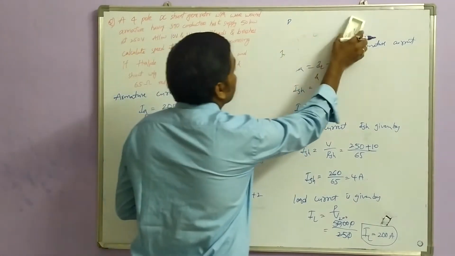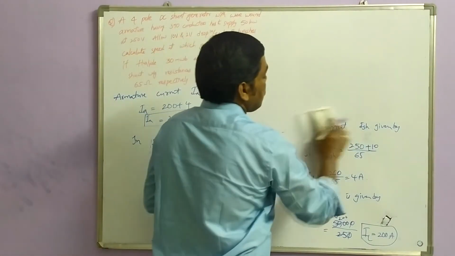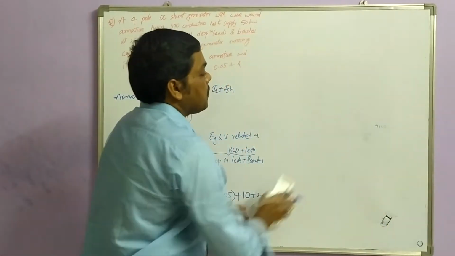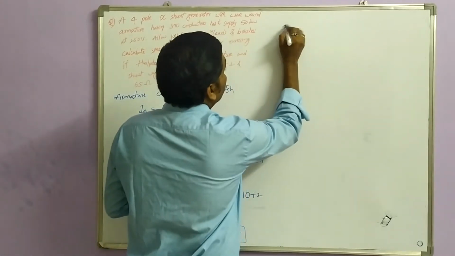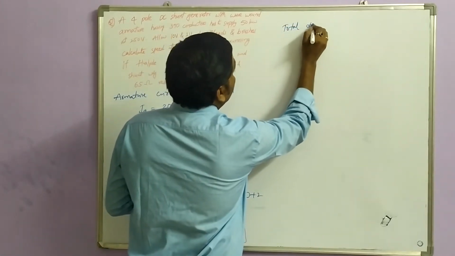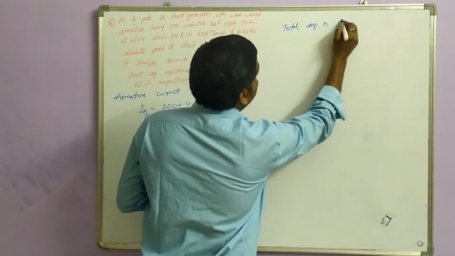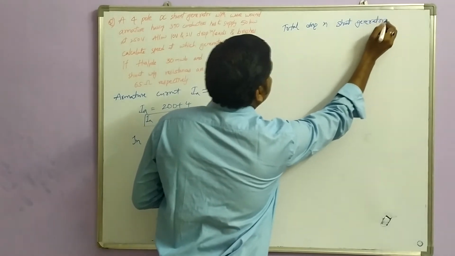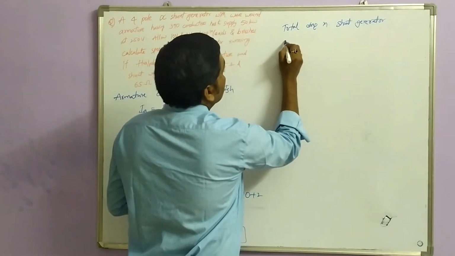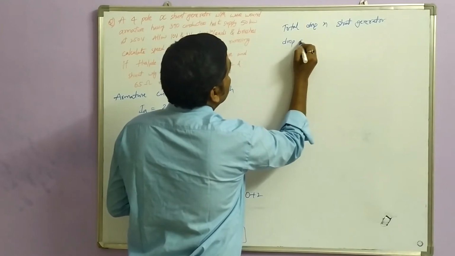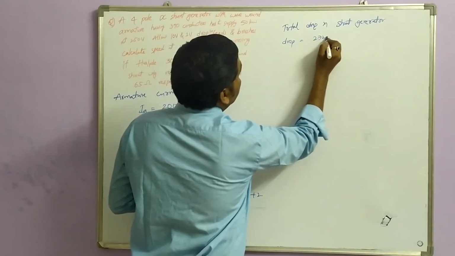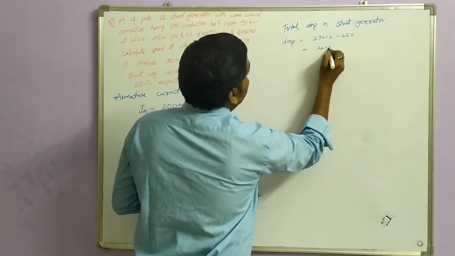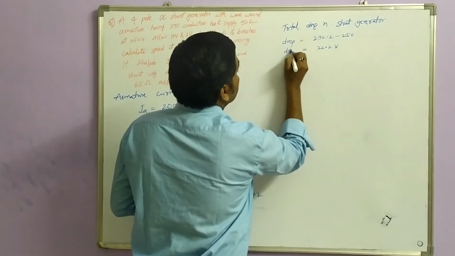It can also be written as the total drop in the shunt generator: drop is equal to 272.2 minus 250, which is 22.2 volts.